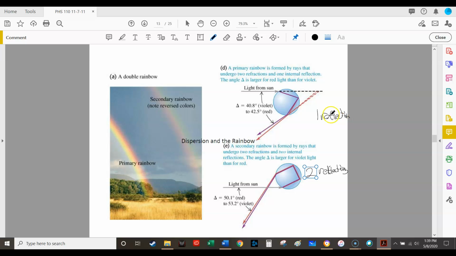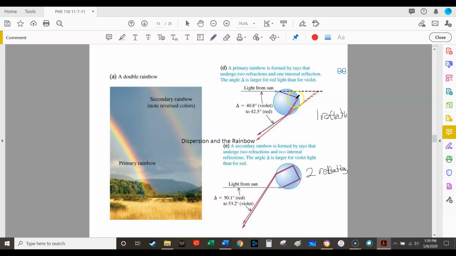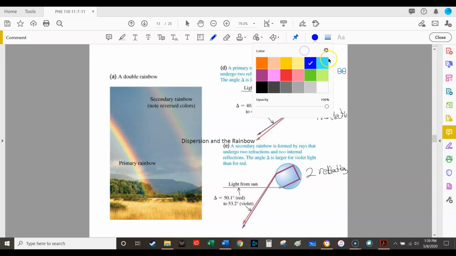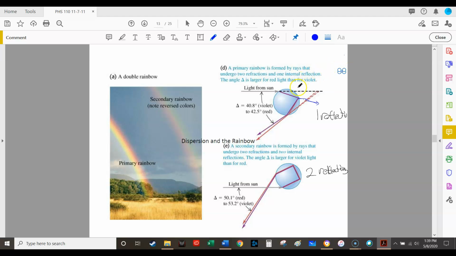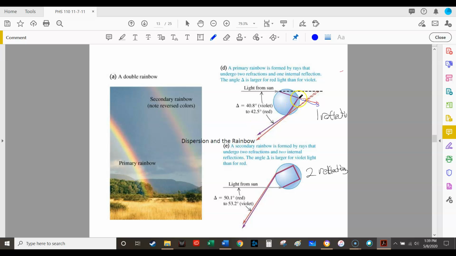And so why is it dimmer too? That's another question. Well, when the rays come in, a little bit of that light escapes, a small percent. So red and blue escape when it reflects off the back, just a little bit. It's not completely total internal reflection.